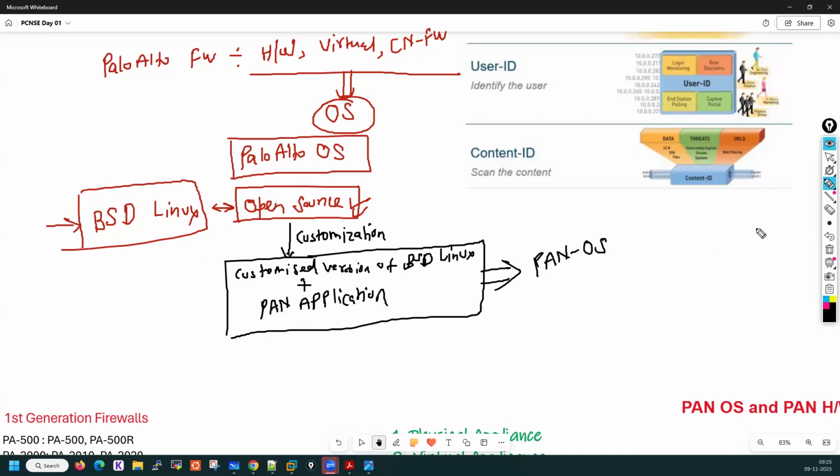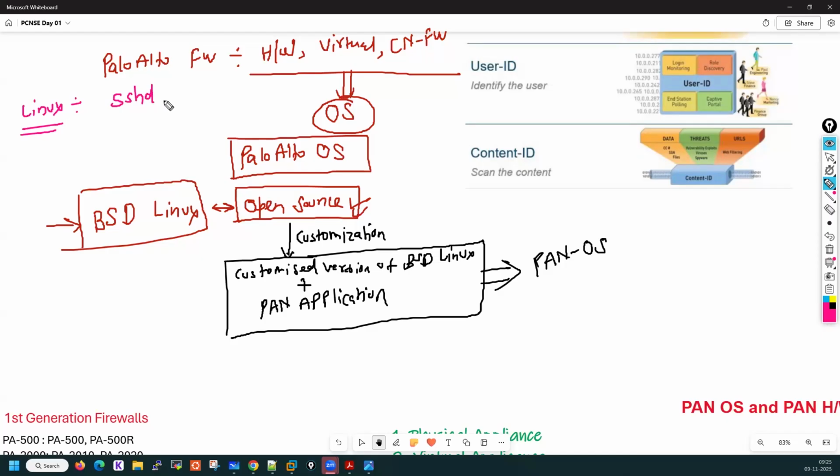Now, guys, do you know? Let me give you one basic example. This is only for the people who have some experience on a Linux machine. On a Linux machine, suppose you want to run the SSH service, then what is the process name?